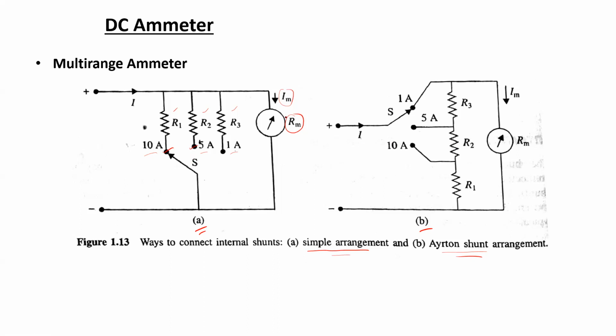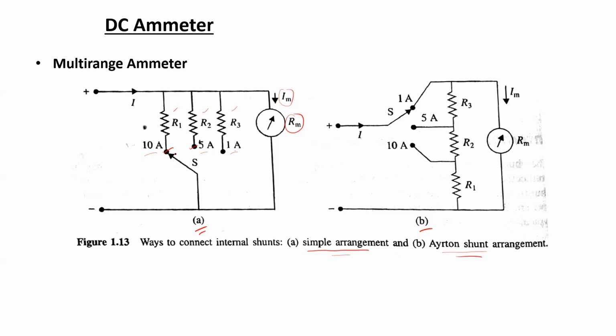The purpose of adding the shunt resistances is to protect the PMMC coil from receiving a high amount of current, so that the current across the PMMC doesn't exceed its rated value or the full scale deflection value. Now, when switching takes place, as the selector switch is moved from one shunt resistor to another, momentarily the shunt resistance is getting disconnected.